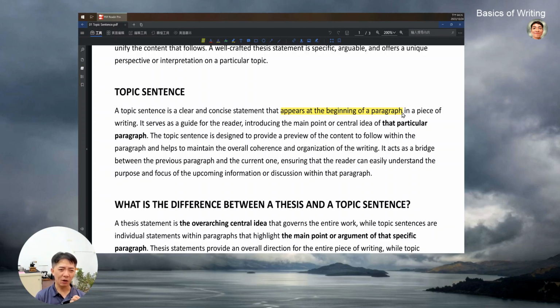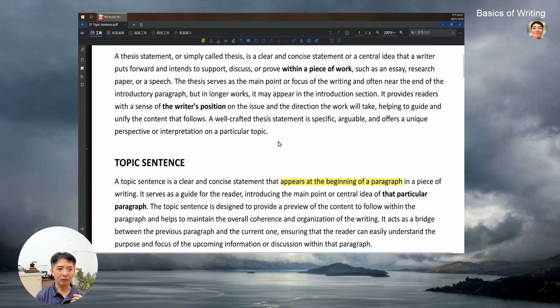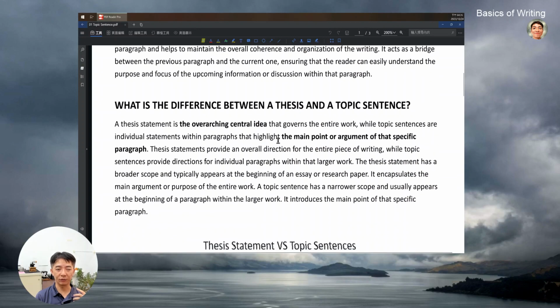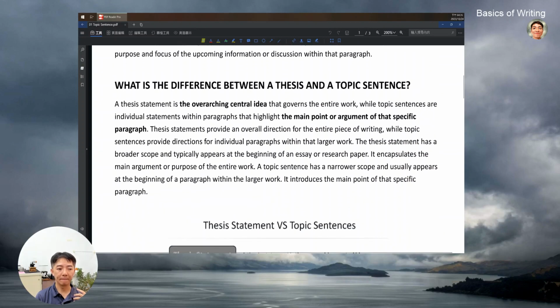paragraph. Okay, so it seems that topic sentences and thesis statements are quite similar, right? But they are actually a little bit different. So what's the difference? A thesis statement is the overarching idea that governs the entire work. That's why it's called 主旨句, the gist of the entire work.